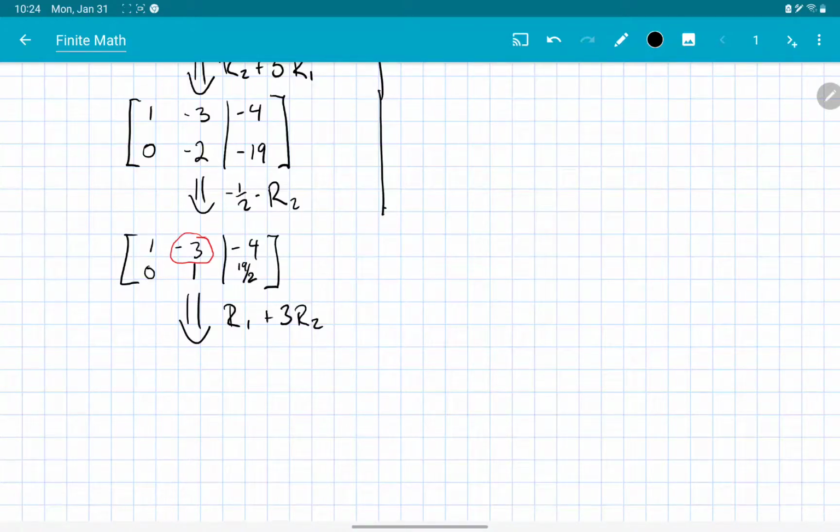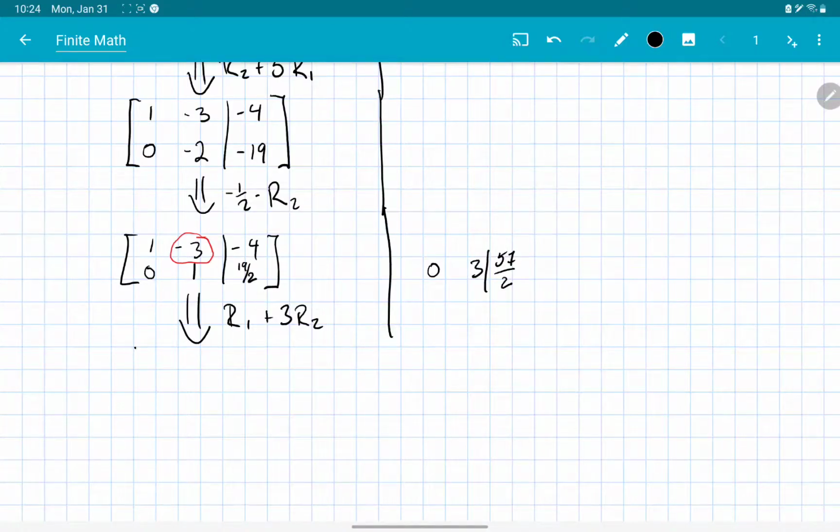And on the side, I'm going to write what 3 times row 2 is. 19 over 2. So this is 19 times 3 is 57 over 2. Right? Okay.